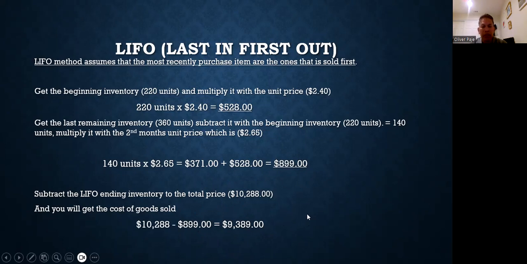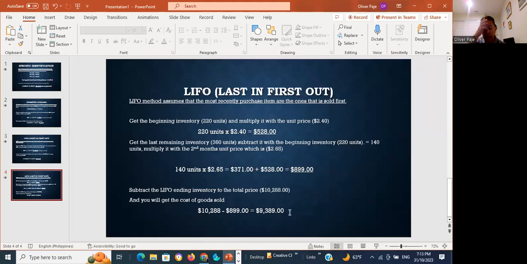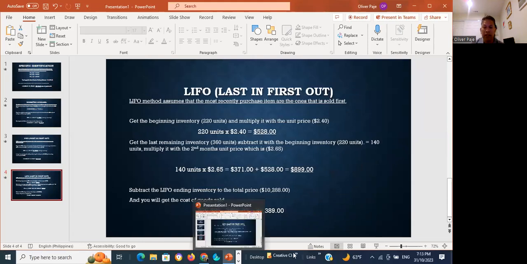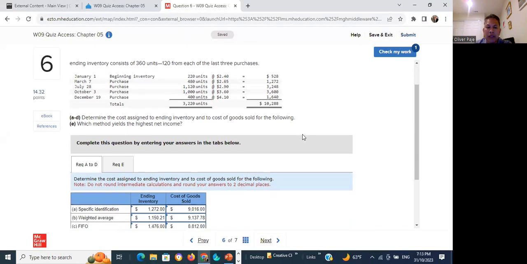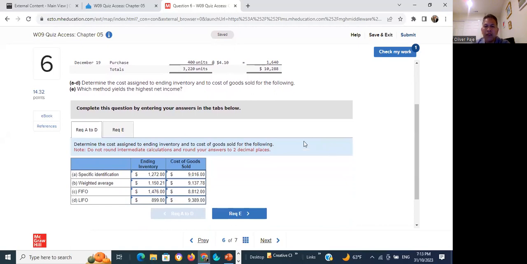So if you get all the prices there, we can trace back to our problems. So this is the one. I put in all the data for the specific identification. Our ending inventory is 1,272.